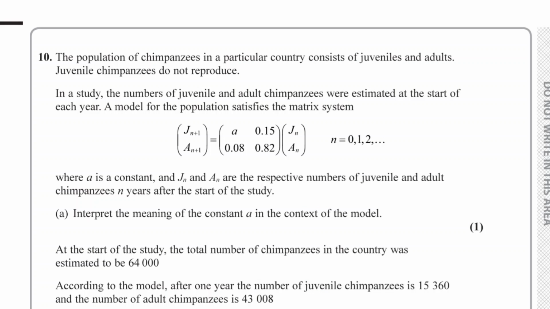Question number 10. The population of chimpanzees in a particular country consists of juveniles and adults. Juvenile chimpanzees do not reproduce. In a study, the number of juvenile and adult chimpanzees were estimated at the start of each year.